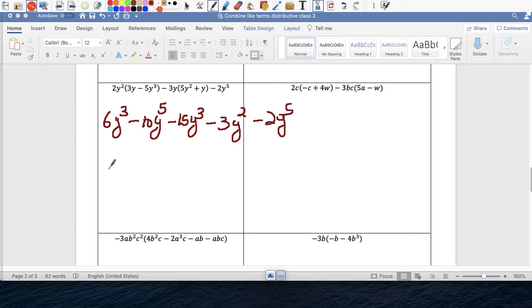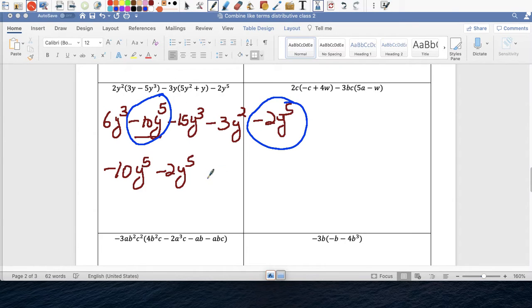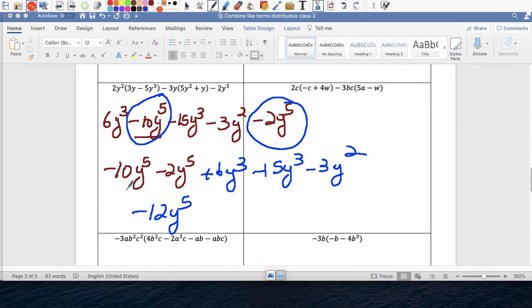In descending order, negative 10y to the 5th power minus 2y to the 5th. It's nice to circle them, or at least cross them out. So these two are gone, and then it's going to be plus 6y cubed minus 15y cubed minus 3y squared. Now it's just a matter of combining like terms. If you can see it right away, that's negative 12.